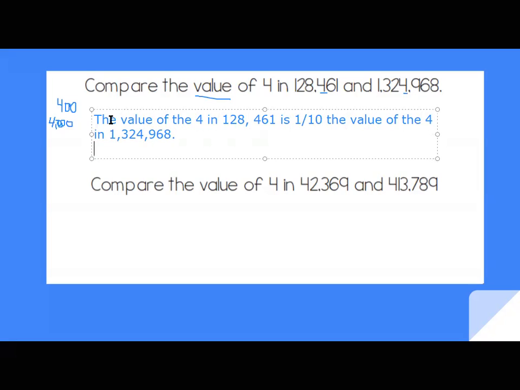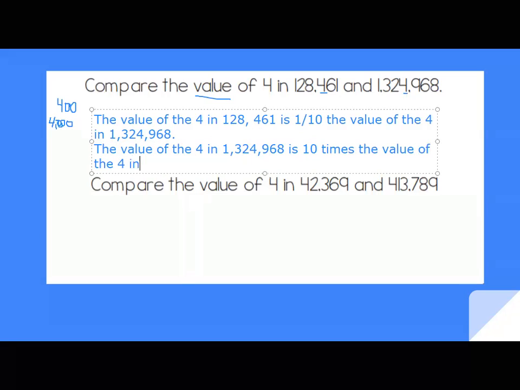We could also look at it the other way and say that the value of the 4 in 1,324,968 is 10 times the value of the 4 in 128,461.